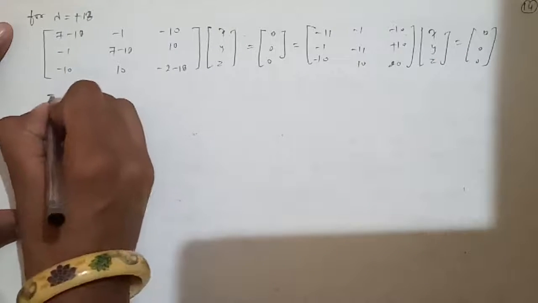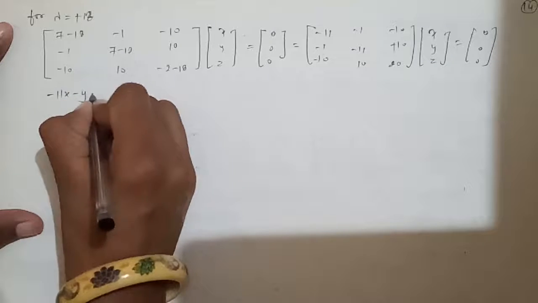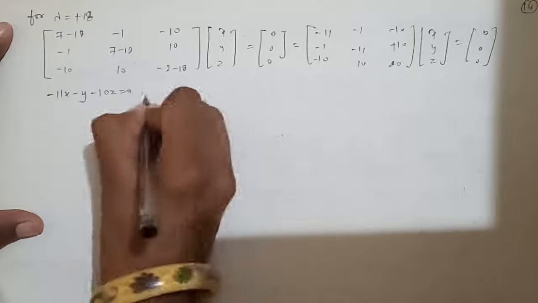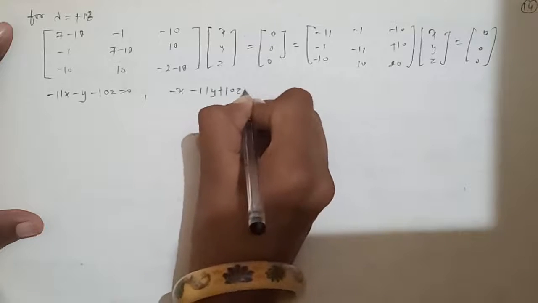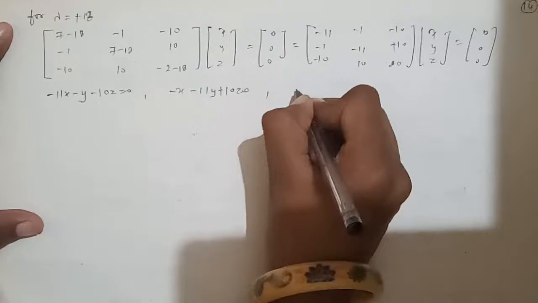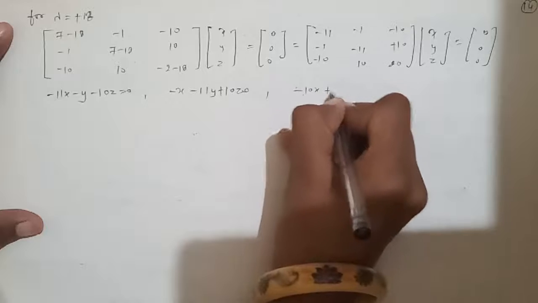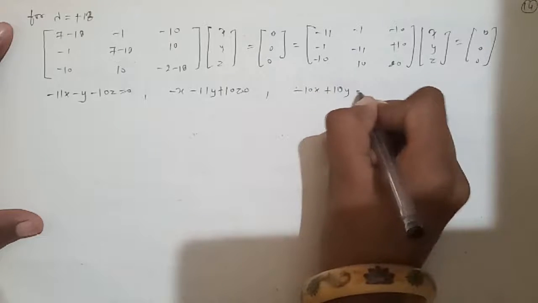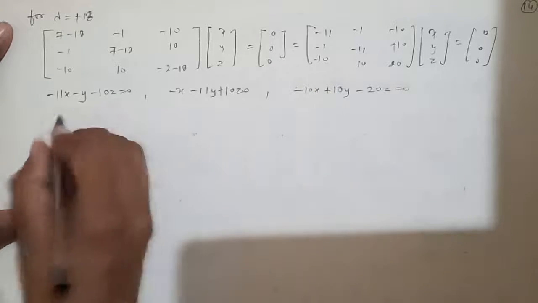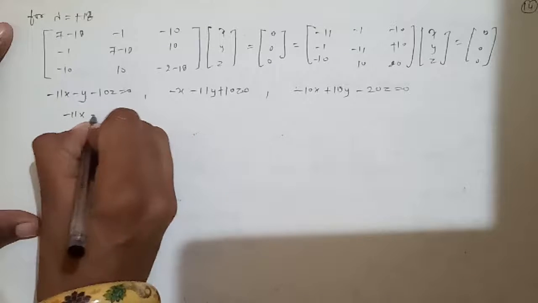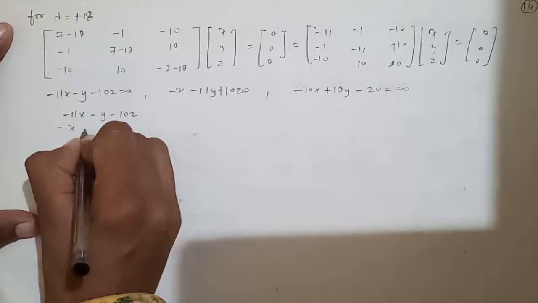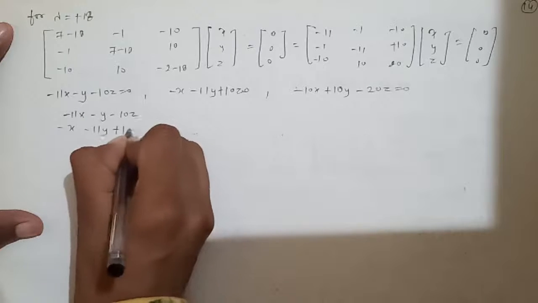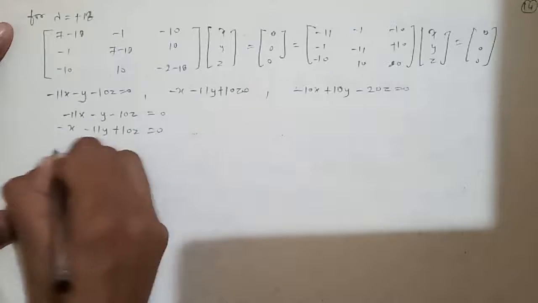So on solving, we get minus 11x minus y minus 10z is equal to 0, minus x minus 11y plus 10z is equal to 0, and minus 10x plus 10y minus 20z is equal to 0.